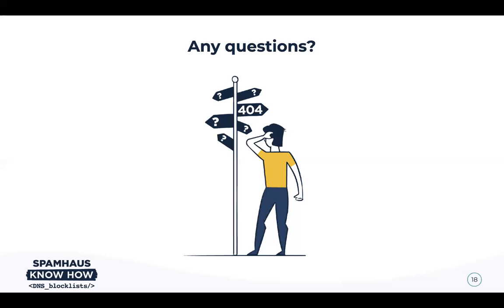But we had one last question, and that was, is any of the querying of block lists you've mentioned today different for emails executed via API versus SMTP? I hope I get the question right.